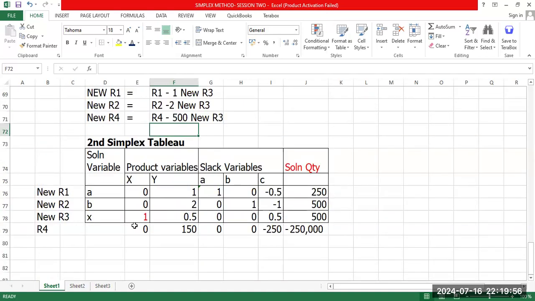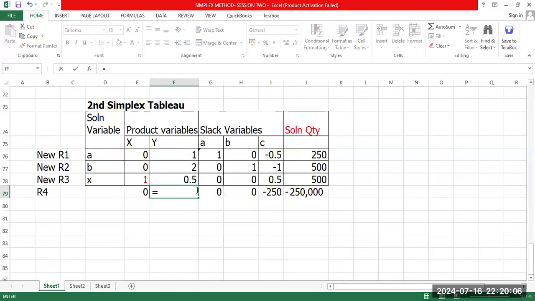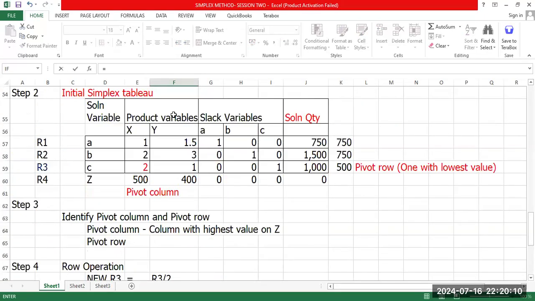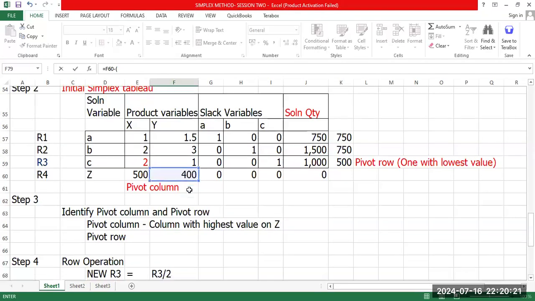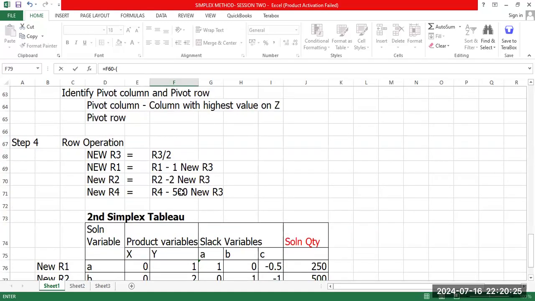If you are at this point and you need this value here, you come back to your original initial table. What was the value for row 4? It is this one. Then you subtract, open bracket on your calculator.